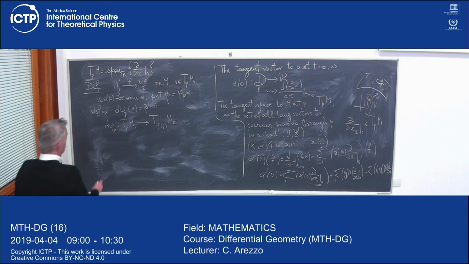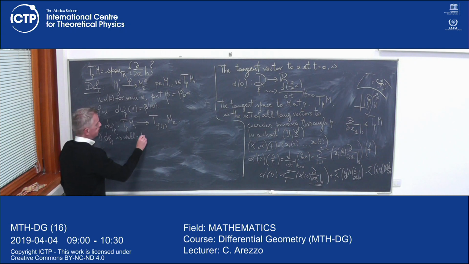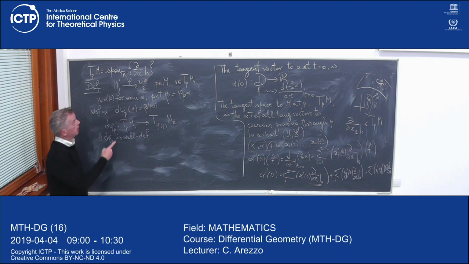So two remarks. d phi p is well defined, meaning when I pick v, I know there exists alpha, but there are many alphas. So the problem is, does it matter if you take alpha 1 and alpha 2 giving the same alpha prime 0?